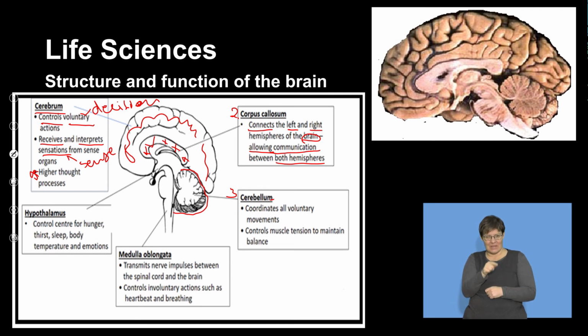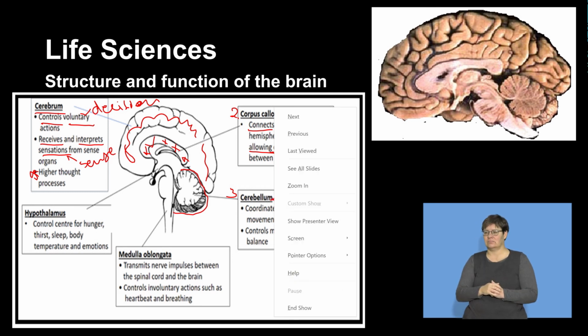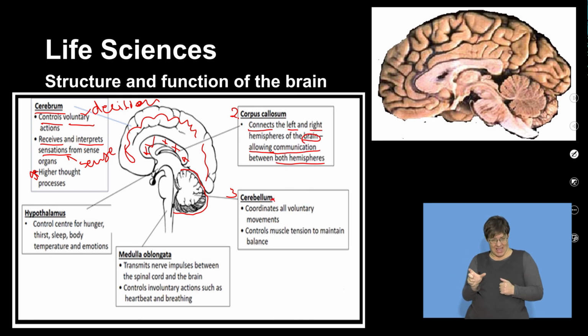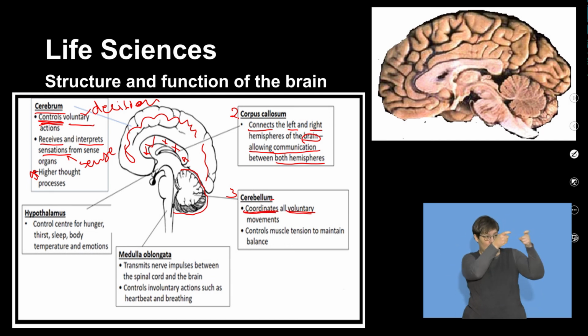That is the shorter name, the longer name for the smaller part of the brain. What does it do? It coordinates all voluntary movements. Remember, we said the cerebrum, the biggest part, controls. The smallest part, which has the longer name, coordinates voluntary movements, and it controls muscle tension and maintains balance.